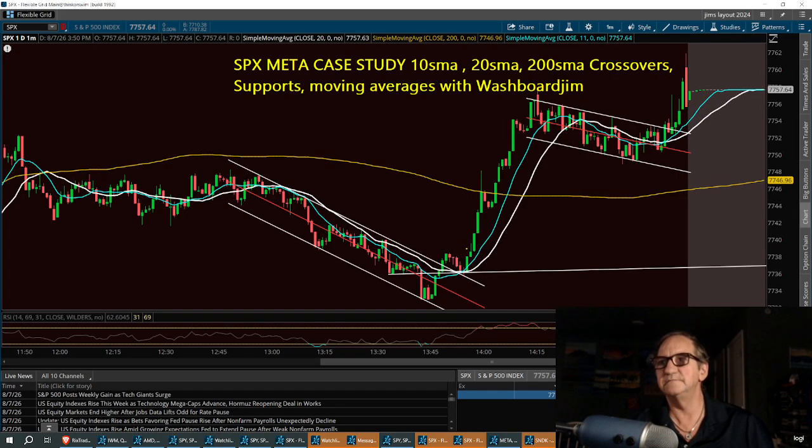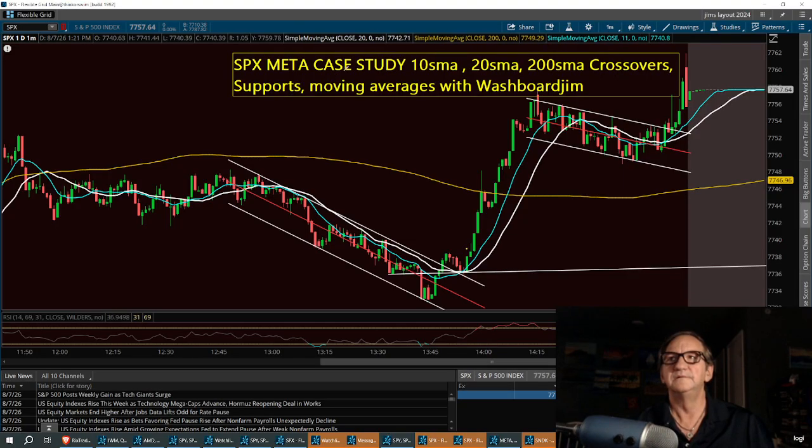So that's it. Case study, the 10 SMA, the 20 SMA, and the 200 SMA crossovers. We had the crossover when we crossed over the 10 and the 20 SMA, crossed over the 200, gave it more bullish character. As long as you ride that up, you stay in the trade.